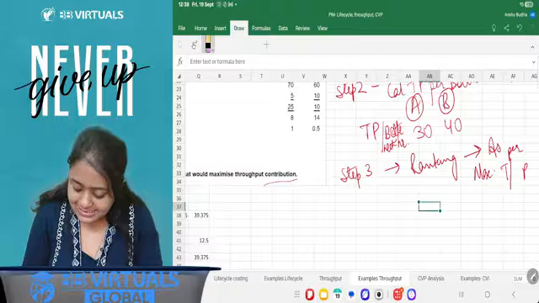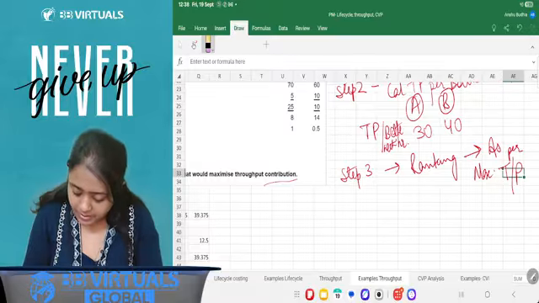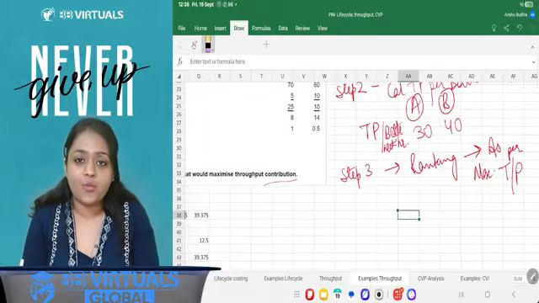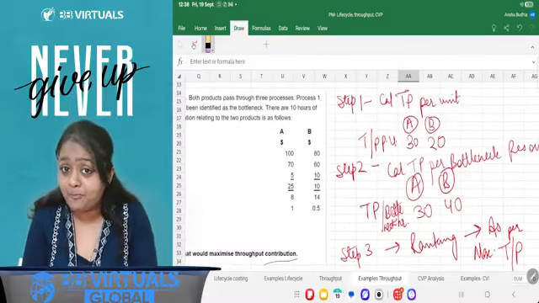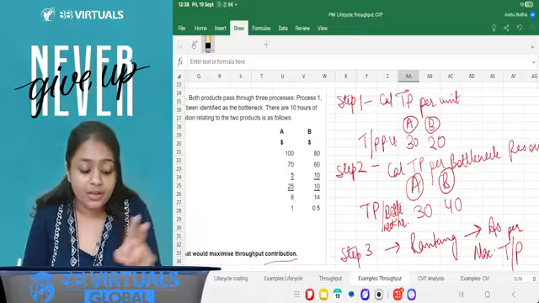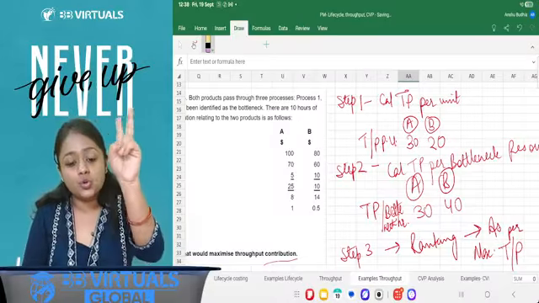Okay, so please rank the products as per maximum throughput. So now, which is rank 1? When we say throughput per bottleneck hour, you will always do step 2 to rank. You will never do step 1 to rank. Remember it. You will always do step 2 to rank.